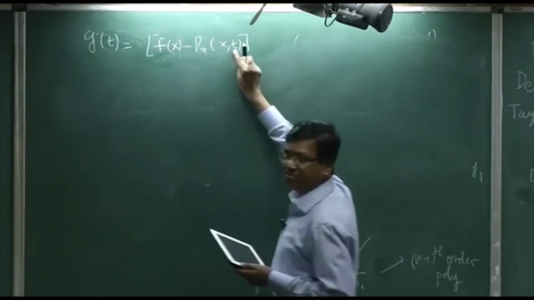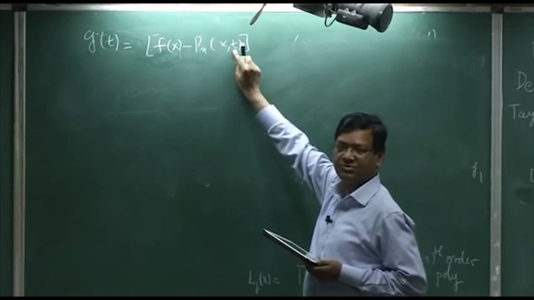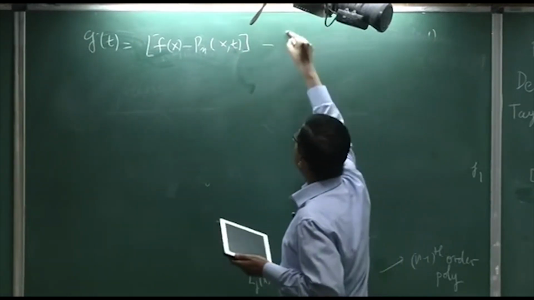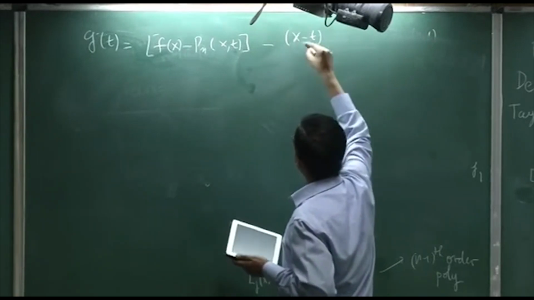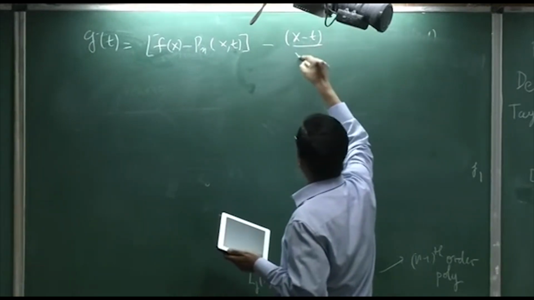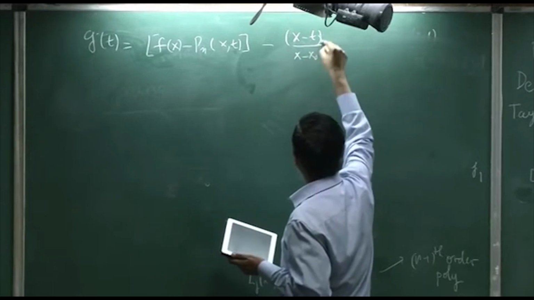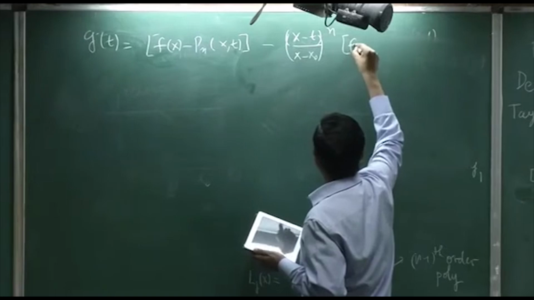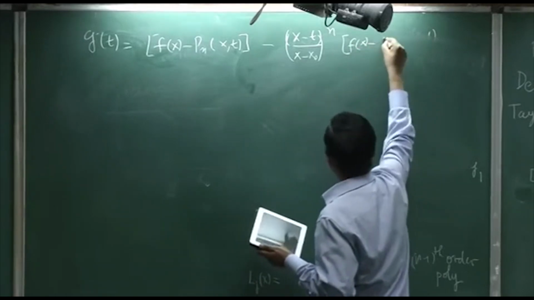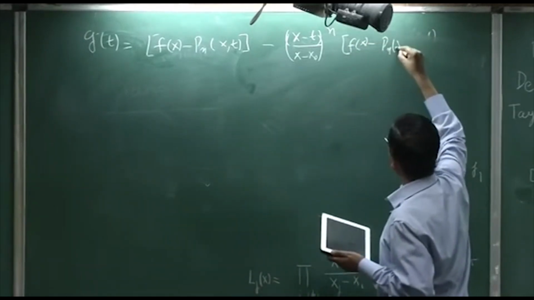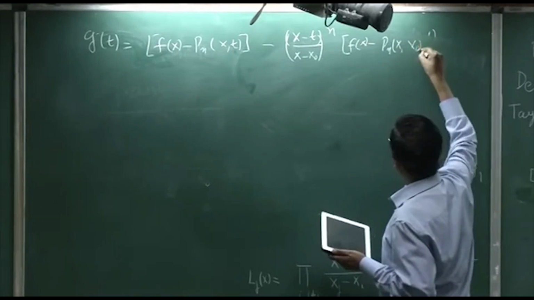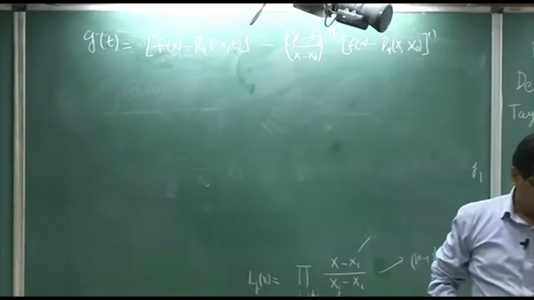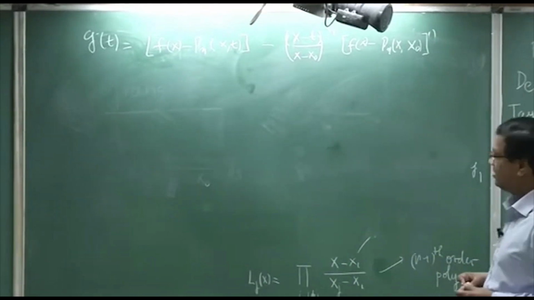So, instead of x 0 I put t, okay, it will become clear why I am using t, minus x minus t by x minus x 0 to the power n, times f x minus p n. So, this is my function.